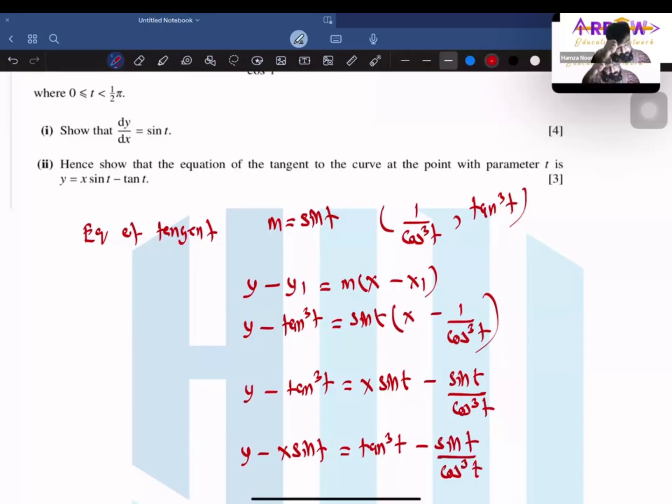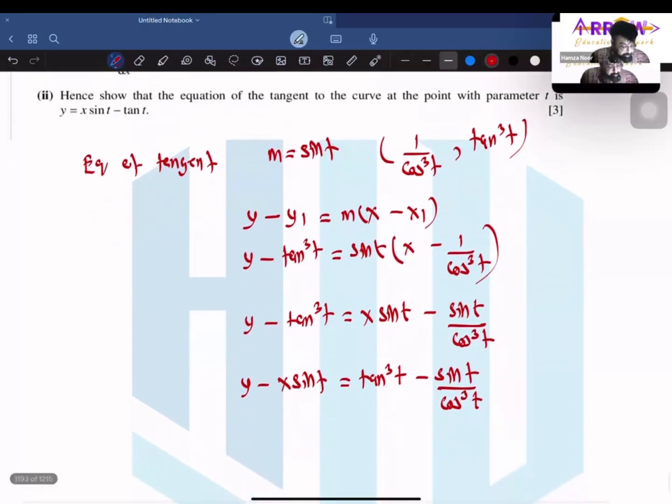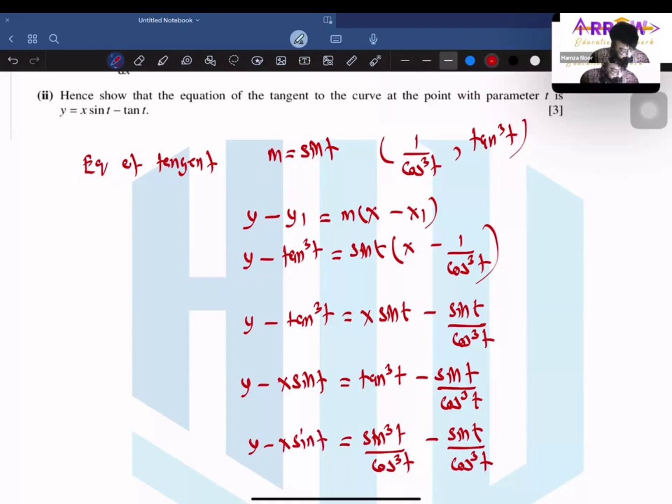All right. So now what I can do is, first of all, I can use the identities over here. So tan cube t is exactly the same thing as saying sine cube t divided by cos cube t, and then minus sine t divided by cos cube t, and here we have y minus x sine t.